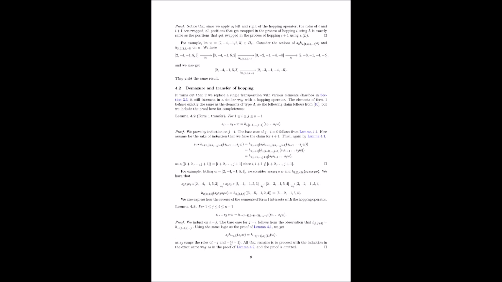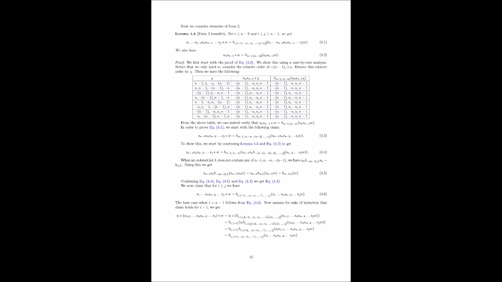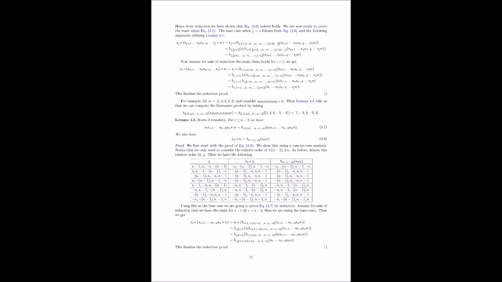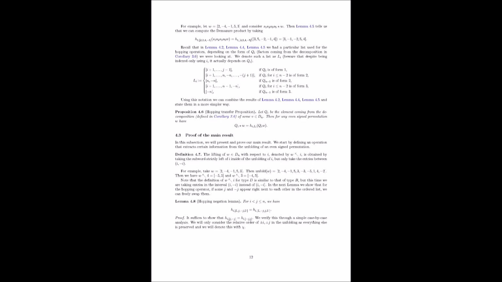What do they do? This is where their deep understanding of the interplay between hopping and those maximal parabolic decompositions comes into play. They prove a series of lemmas and propositions that establish specific rules for how the hopping operator interacts with the different forms of elements from their decomposition. So they're figuring out the rules of the road for hopping in type D, taking into account how it interacts with the building blocks of their decomposition.